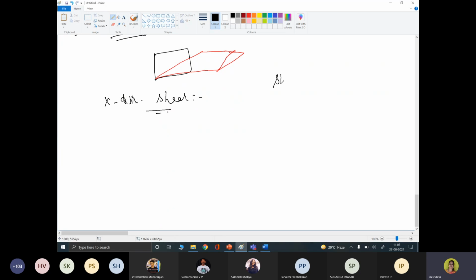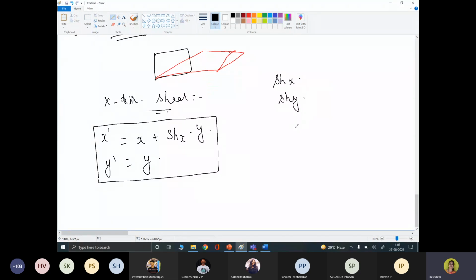for performing this we need a factor called the shearing factor. The x direction factor is SHx and the y direction factor is SHy. These are the shearing factors we are considering. We are getting a new coordinate x dash and a new coordinate y dash. With respect to x shearing, the y value remains the same and the x value is changed to x plus shearing factor of x multiplied with y, and you will get the x dash value.